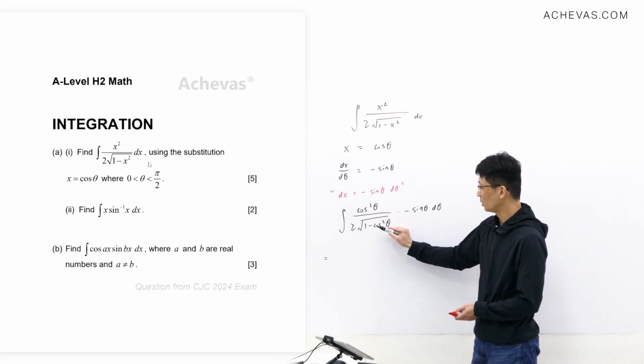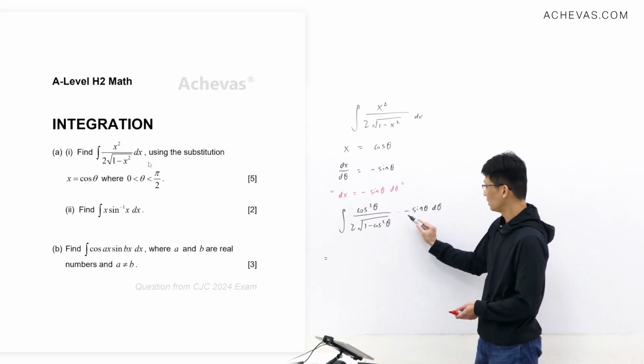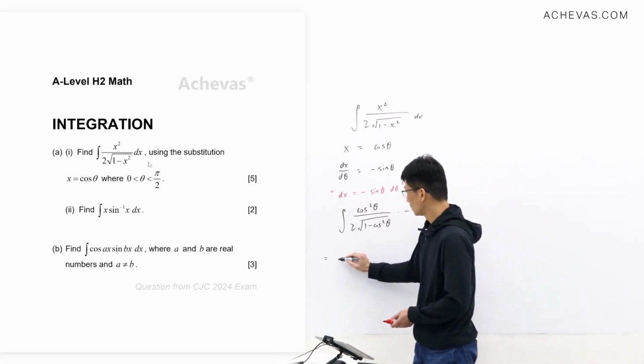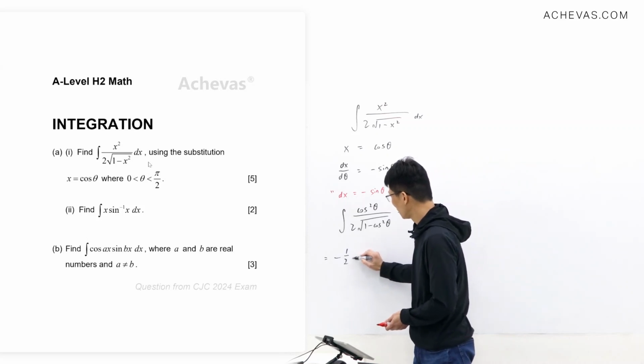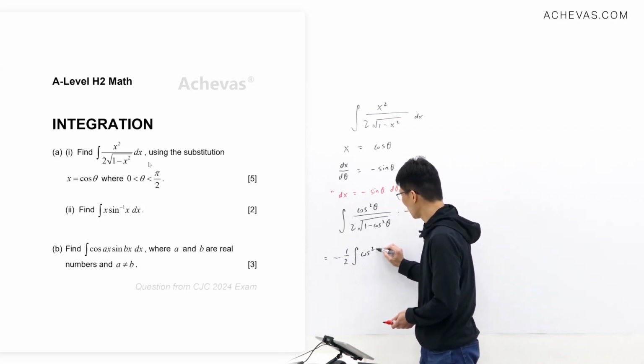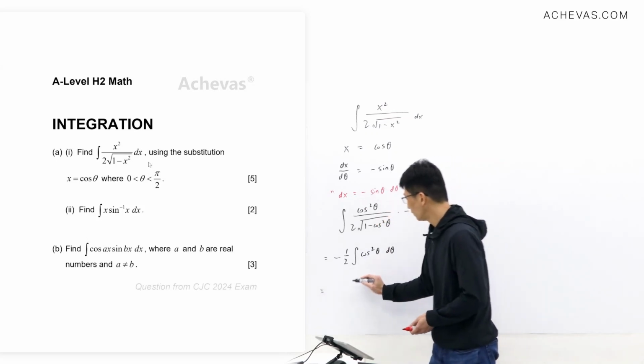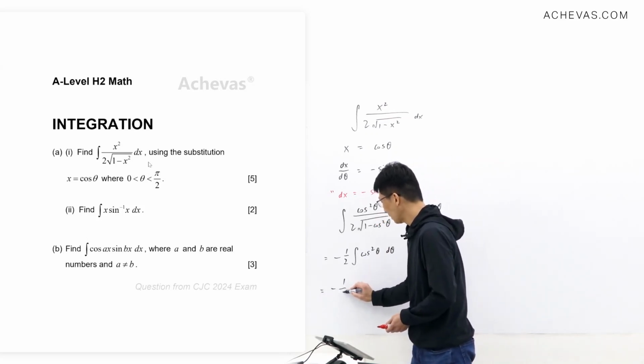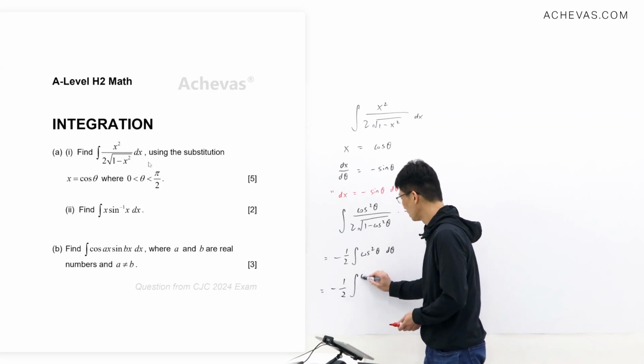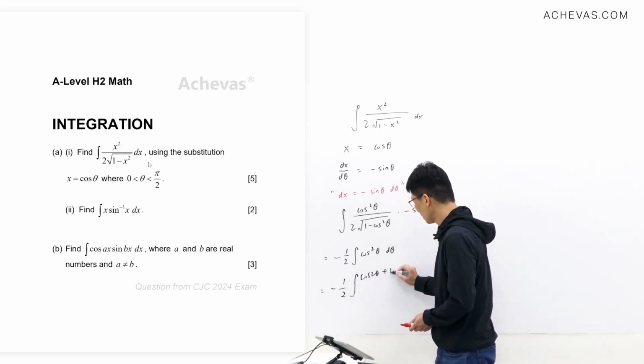And square root of it, we're just left with sine theta, which can be cancelled off with this sine theta. So we're left with minus half integration of cosine square theta. And here we can do a double angle for cos square. So I will end up with minus half integration of cosine 2 theta plus 1 over 2 d theta.